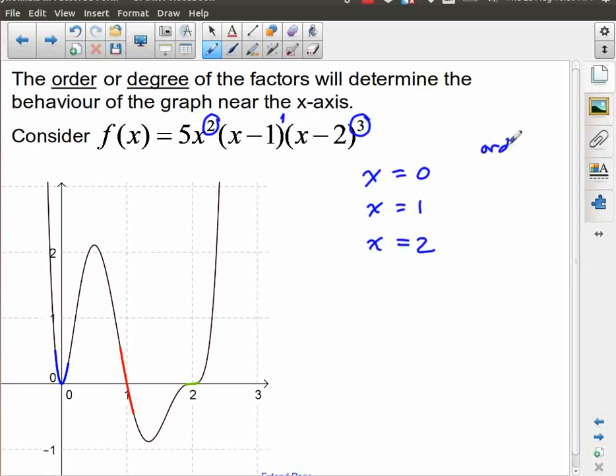So if we talk about the order of these zeros, this x equals 0 came from an order 2 zero. This x equals 1 came from an order 1 zero. And this x equals 2 came from an order 3 zero. So let's take a closer look at these and try to understand the implications of that. Why do they look the way they do?